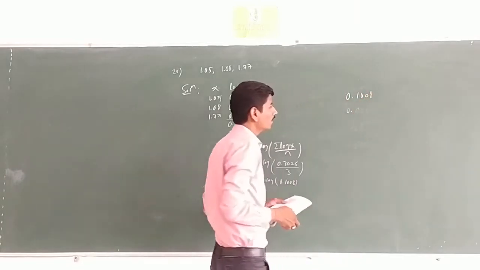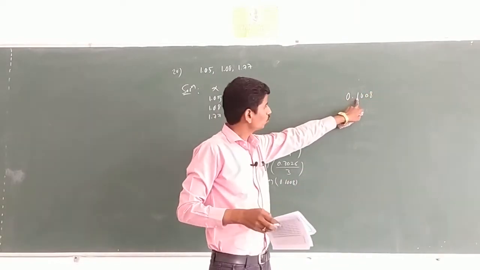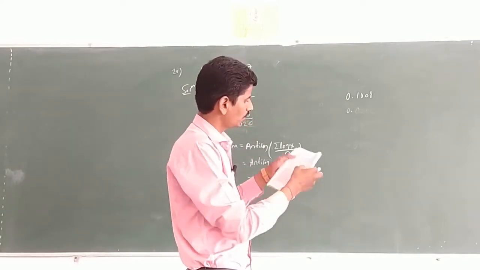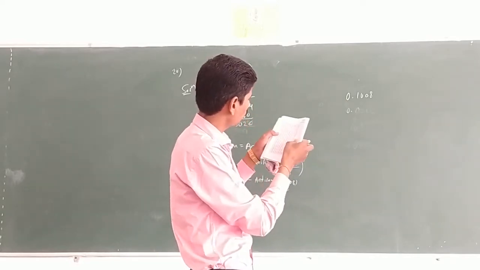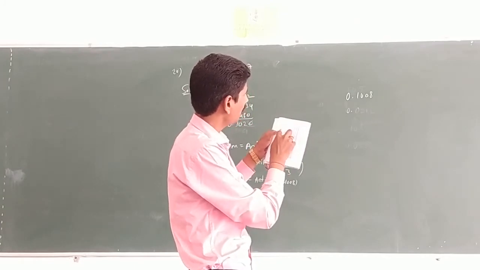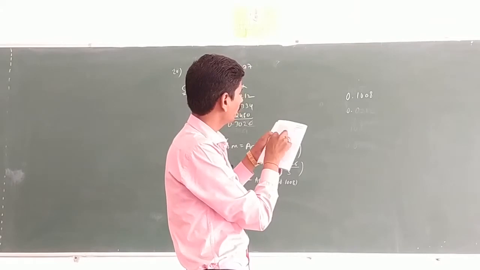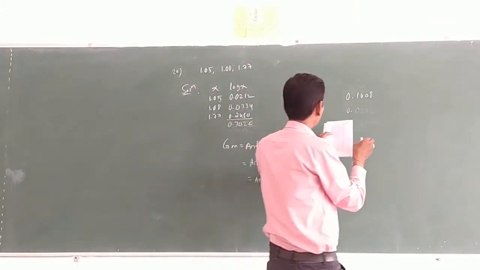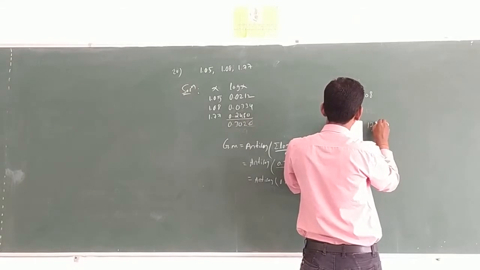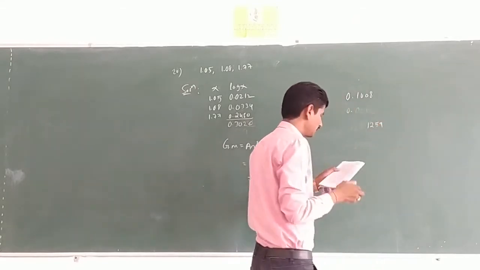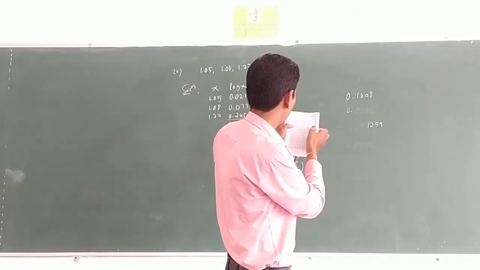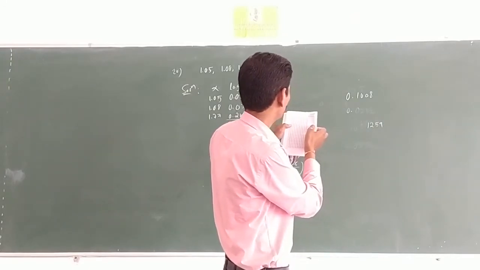Here we have to refer 0.10 in the main column, and the third digit is 0. Then 0.100 is 1259, and the fourth digit is the mean difference. Then your mean difference is plus 2.